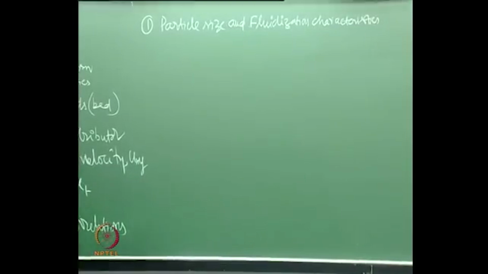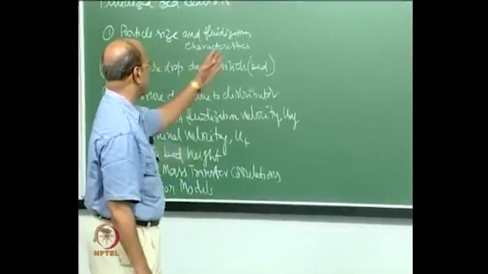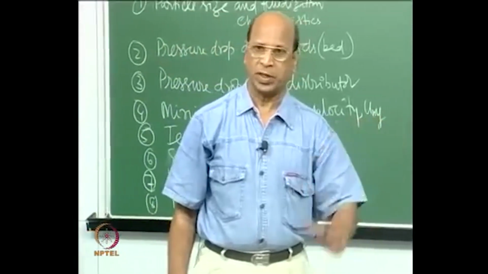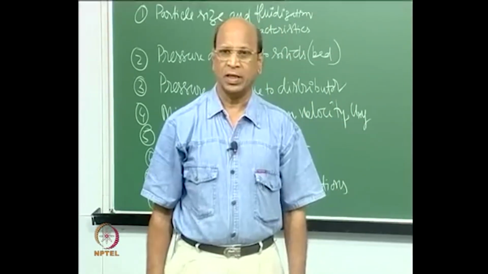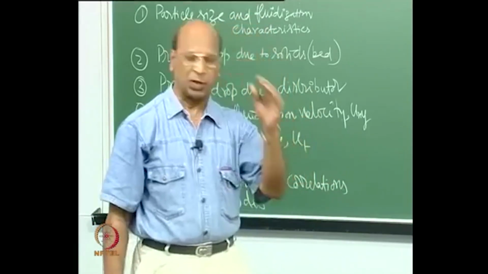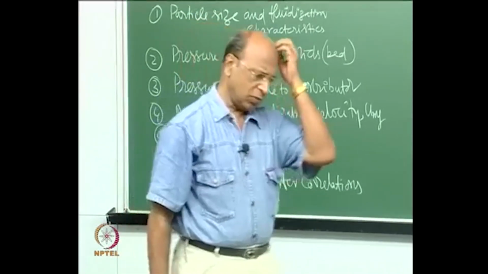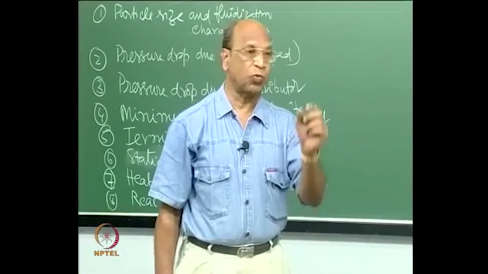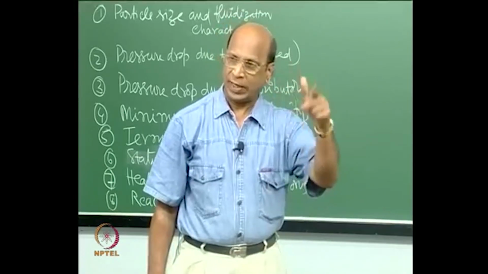A lot of all these things are mainly empirical, and many researchers try to find out what kind of fluidization you get if I take, for example, 10 micron particles, 100 micron particles, 1000 micron particles, 10,000 micron particles. Generally beyond that we do not go. But there are still large scale fluidization systems, particularly fluidized bed combustion, where they use around 5 to 6 mm coal particles, because they cannot go to very fine powder.